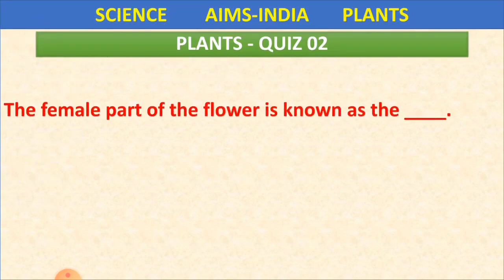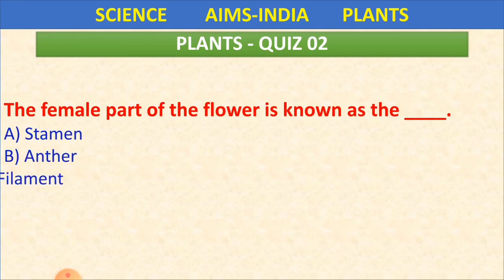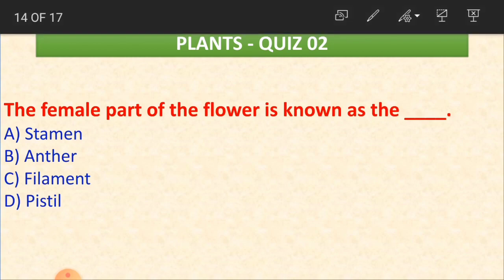Okay. Now the next question. The female part of the flower is known as the, what do we call it? Stamen, anther, filament or pistil. What do we call it, children? Yes, we call it pistil. The answer is pistil. Okay. Now we'll go to the next question.